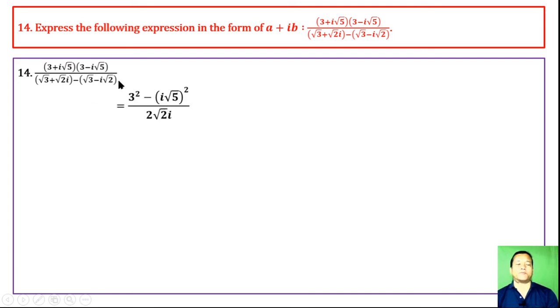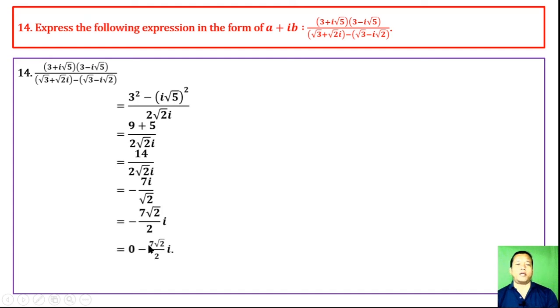Then expand the denominator and evaluate, we get, cancelling root 3 minus root 3, minus into minus is plus, we get 2 times root over 2i, we get 9 plus 5, i square is minus 1, that makes plus, root over 5 square is 5, we get this. We have to put in the form of a plus ib. 0 minus 7 root over 2 by 2 times i, which is in the form of a plus ib.